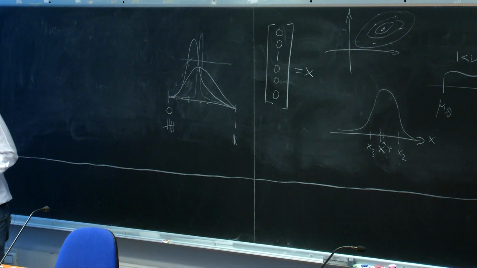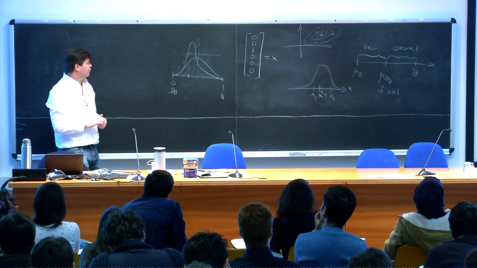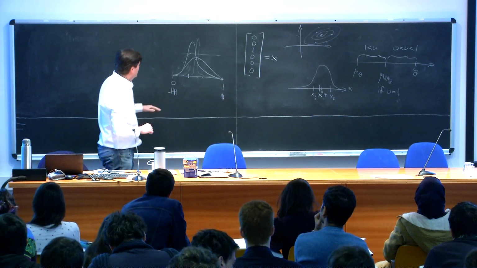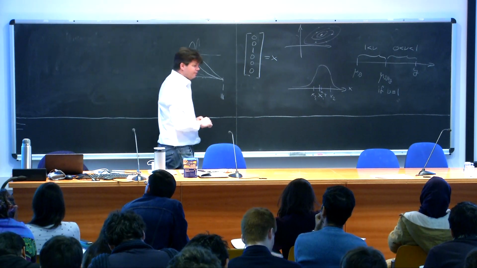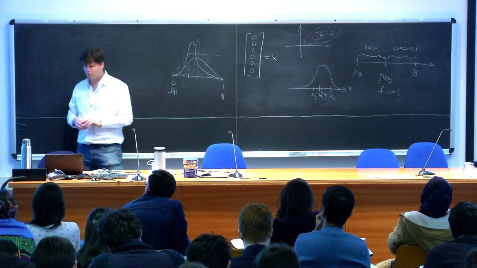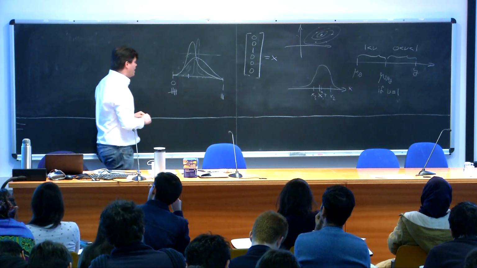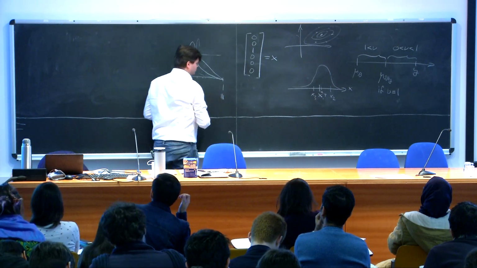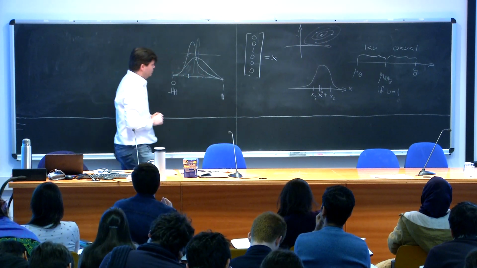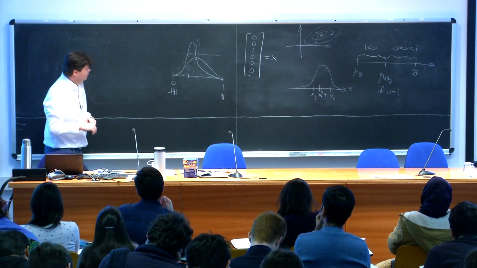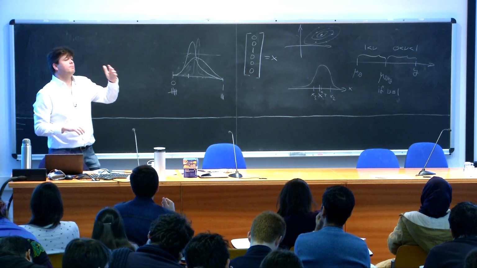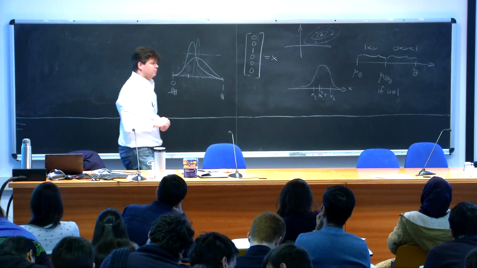Now, a beta model. There are also cases where the likelihood is beta. So we make an observation, but we know the observation will be bounded between 0 and 1. So our observation may be a proportion.